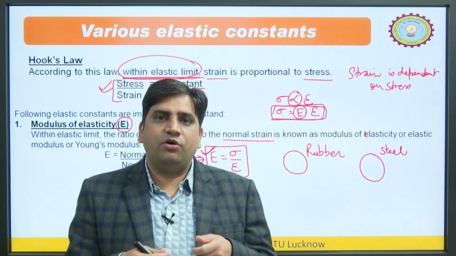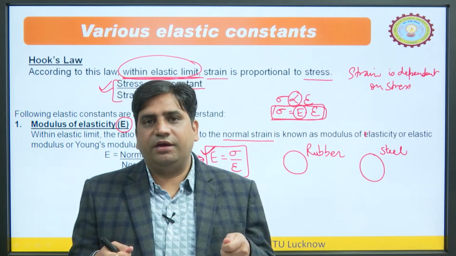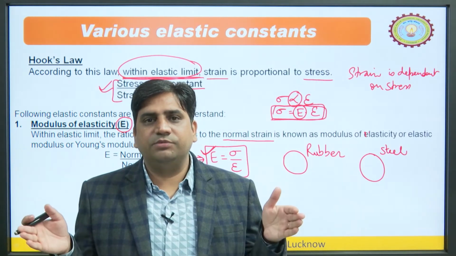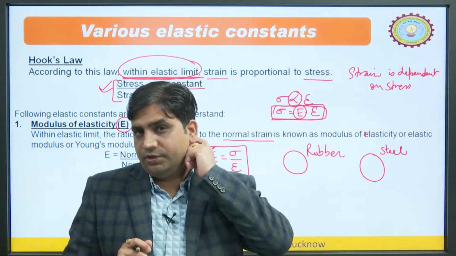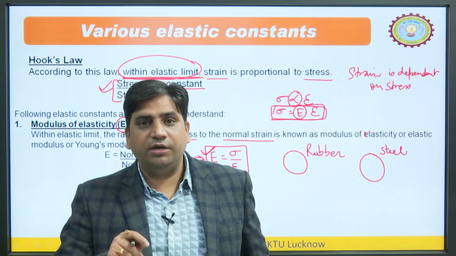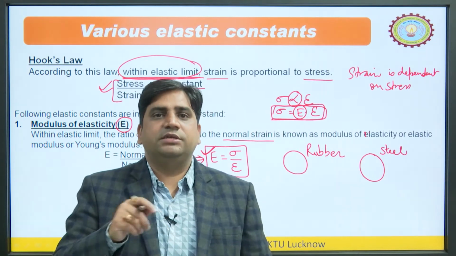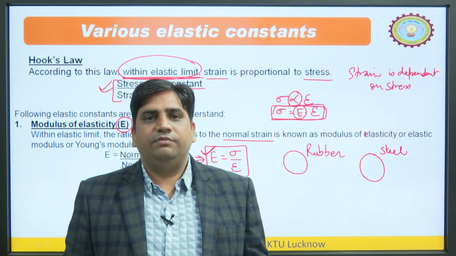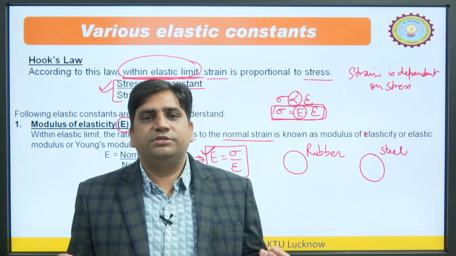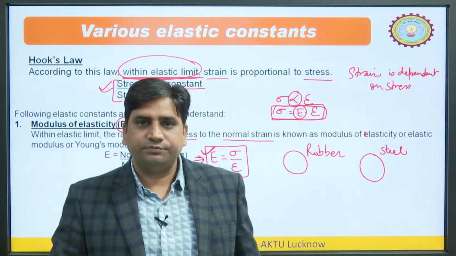If we stretch a steel wire and release it, it comes quickly to the original shape as compared to a rubber band. So the rubber band is less elastic as compared to the steel. In practicality we think elastic means which can be stretched, but that definition is wrong.